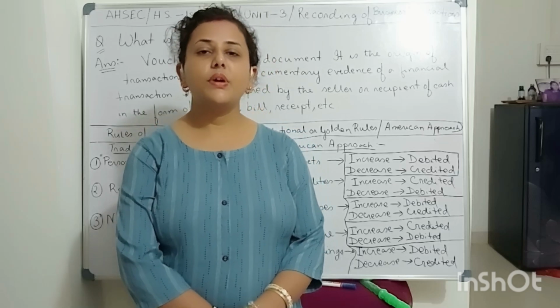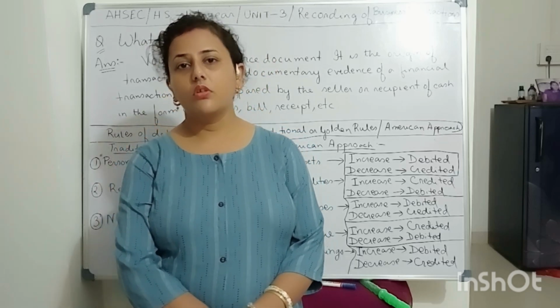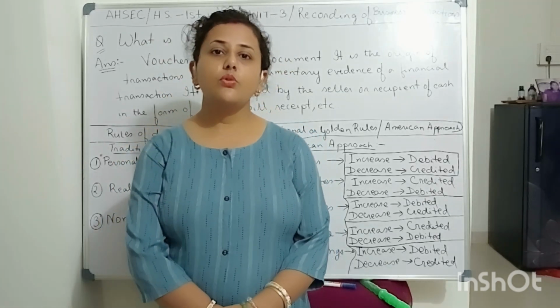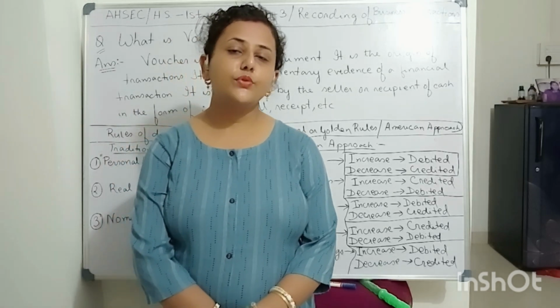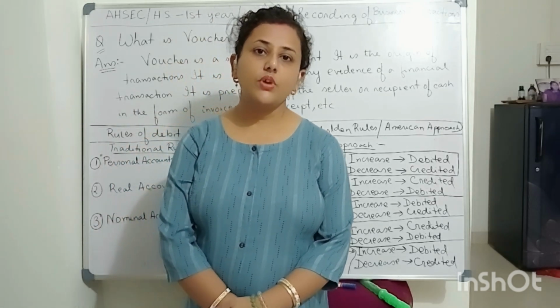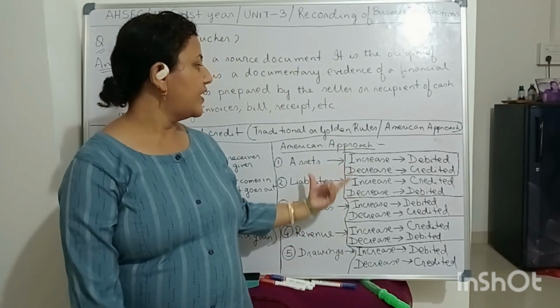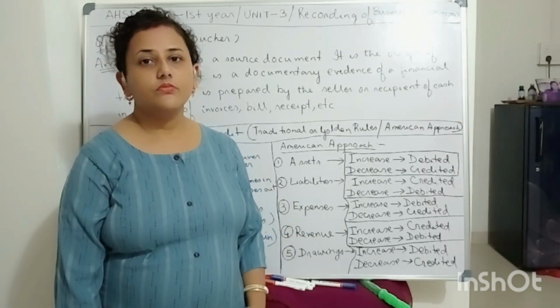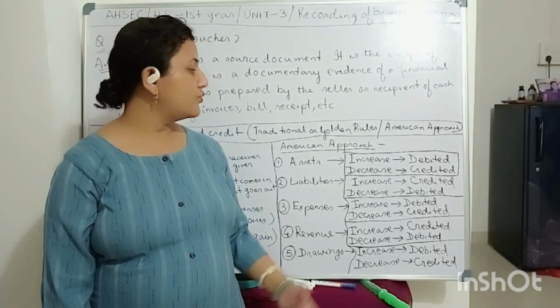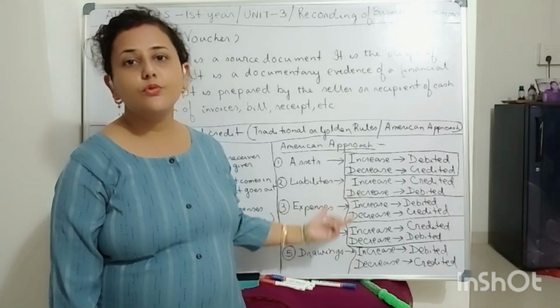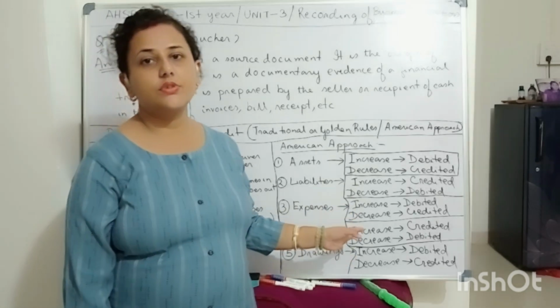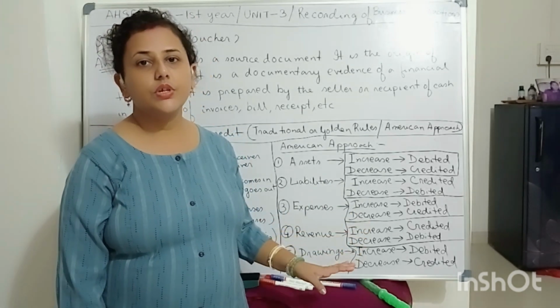When you pass out BCom and go to a company, you have to pass journal entries. At that time, these rules are very much essential. You have to know these rules to pass the journal entries. Otherwise, you cannot do it.